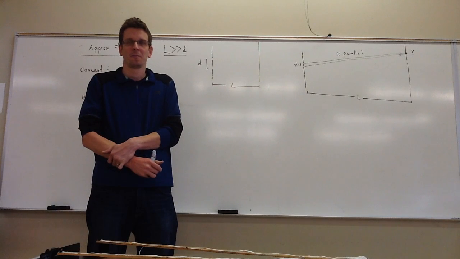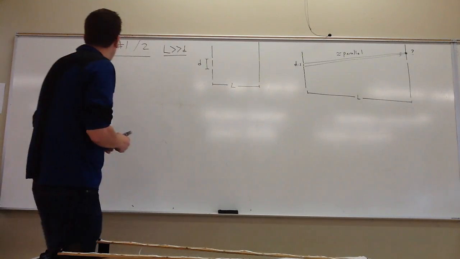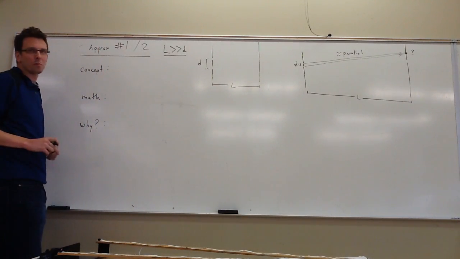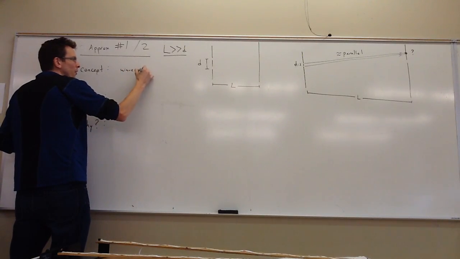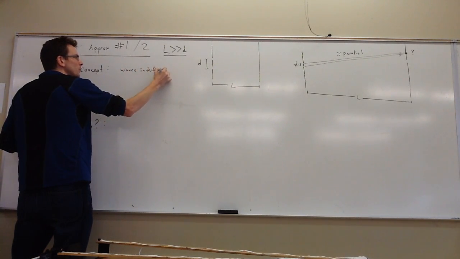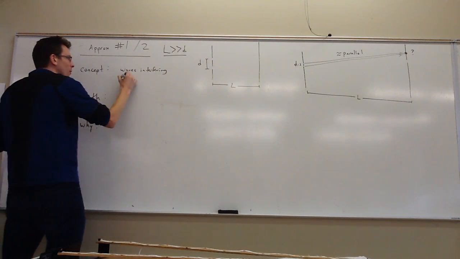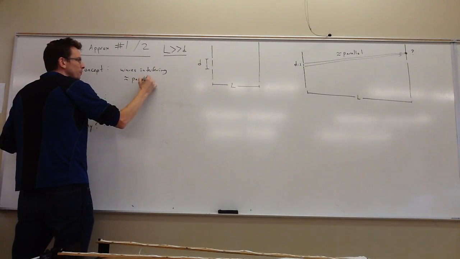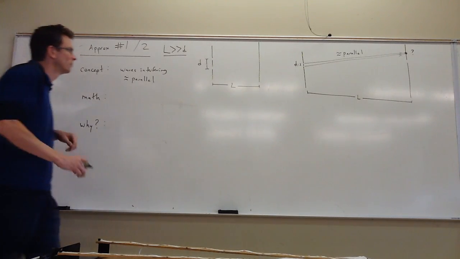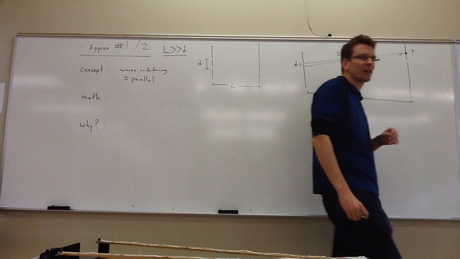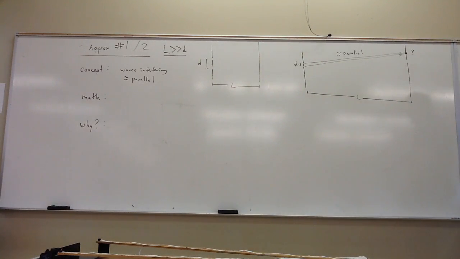Okay? So conceptually, what does this approximation do for us? It takes that the waves that are interfering at any given point on the screen are approximately parallel. Okay? So that's the concept behind what's going on.